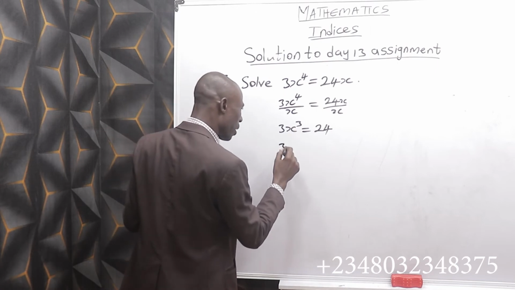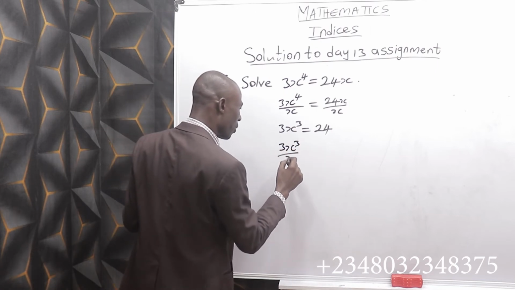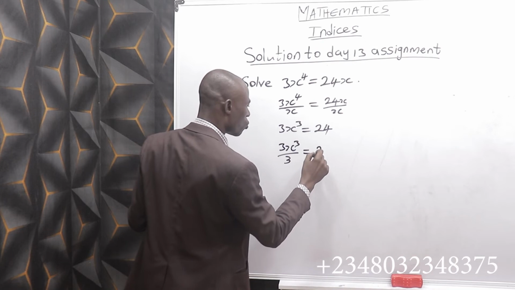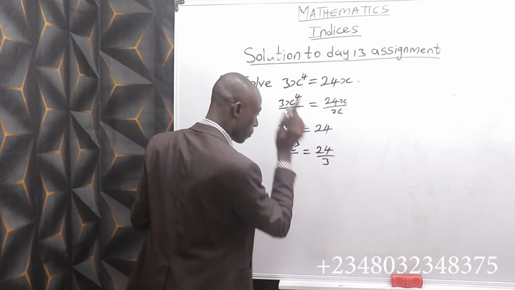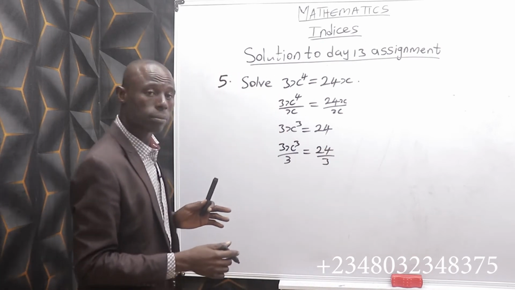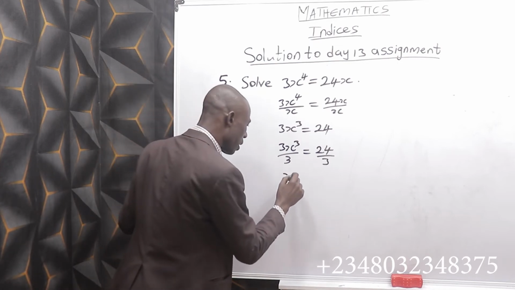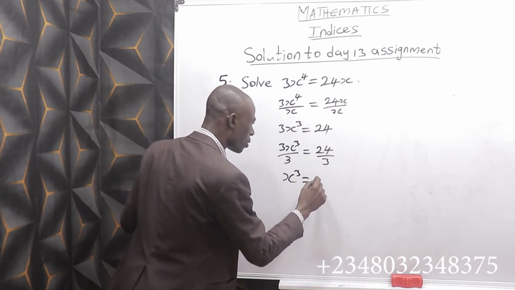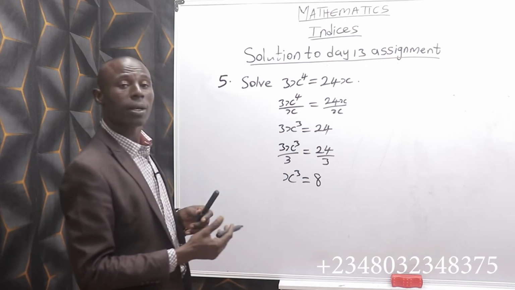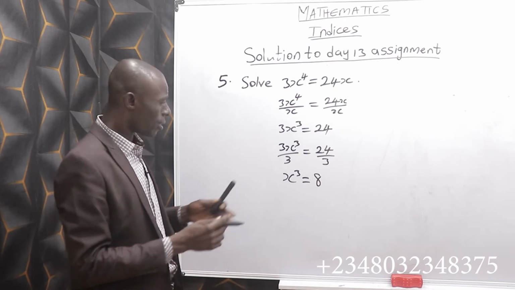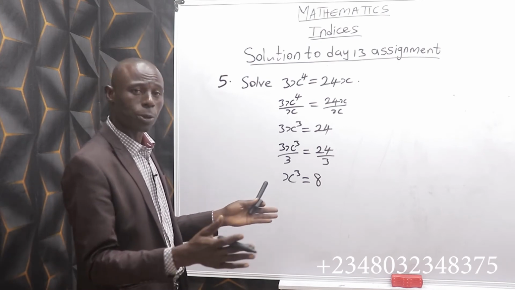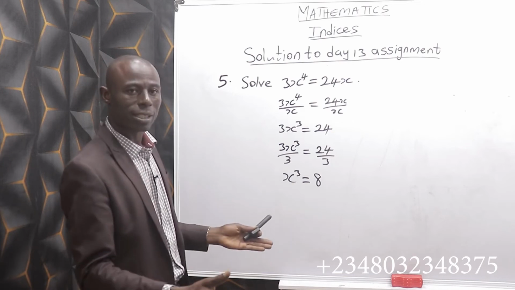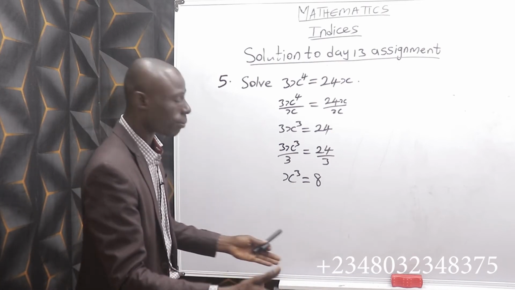So we have 3x raised to the power 3 divided by 3 equals 24 divided by 3. This gives x raised to the power 3 equals 8. You can see that the way is just opening on its own accord. Once you take the right step, the way will begin to open.